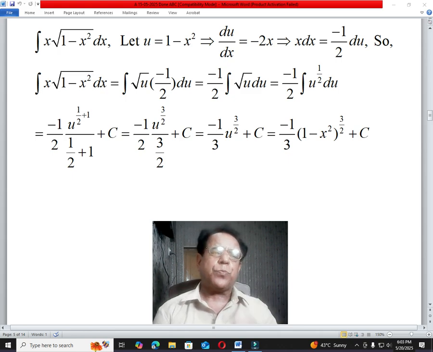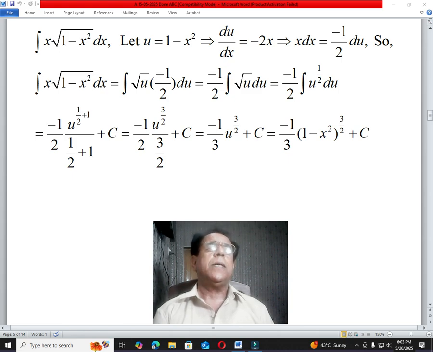So in the next step, minus 1 by 2 u raised to power 3 by 2, because half plus 1 is equal to 1.5, that is 3 by 2. Similarly, this 3 by 2 will also appear in the denominator, and we know that a fraction in the denominator is reversed. That is to say, the denominator of the denominator appears in the numerator.